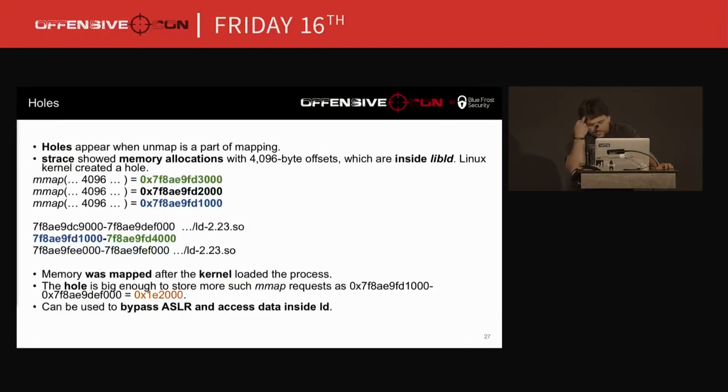The next interesting thing that you might see in the mmap is that there were 3 allocations which are seated inside the libLD. First of all, we need to say why these 3 allocations come there. Well, the answer is that when the Linux kernel loads something, it looks if there is a hole between 2 segments of ELF files, it calls unmap.